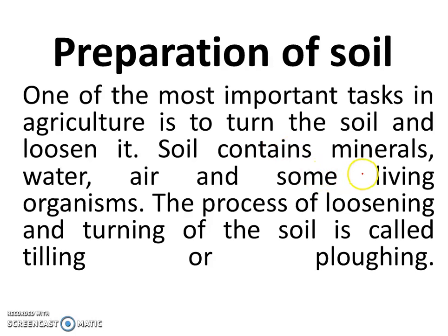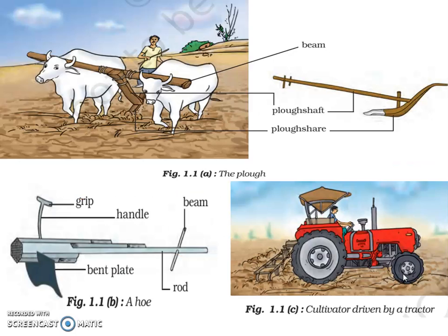Soil contains minerals, water, air and some living organisms which are helpful to us. The process of loosening and turning the soil is called tilling or plowing.